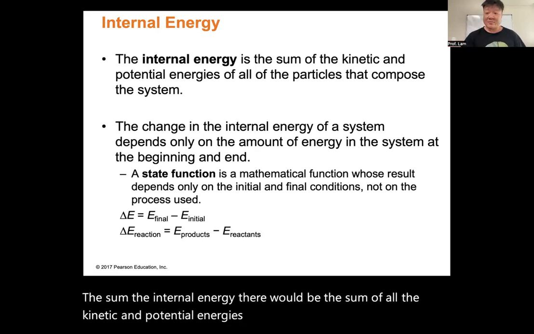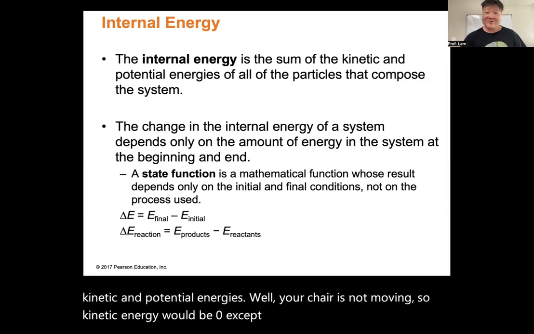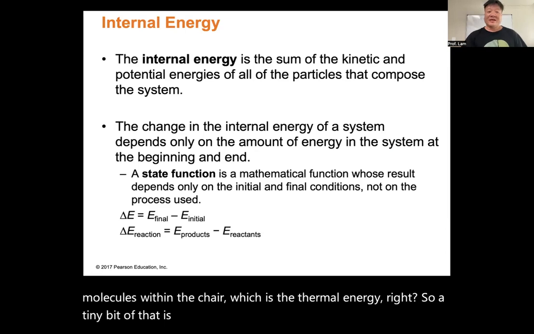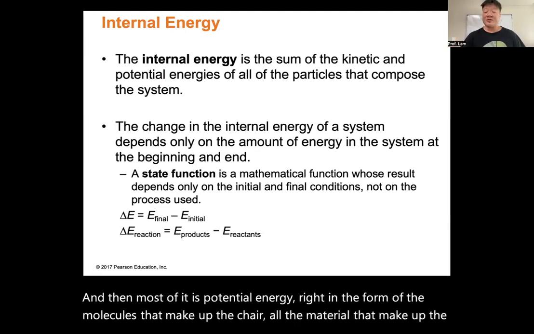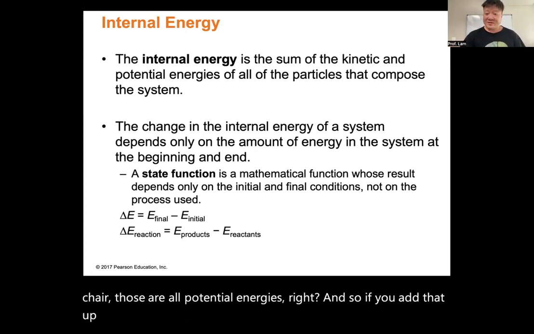Well, your chair's not moving, so kinetic energy would be zero, except for the vibration of the molecules within the chair, which is the thermal energy. So a tiny bit of that is kinetic, and most of it is potential energy, in the form of the molecules and all the material that make up the chair. If you add that up plus the thermal energy, you get internal energy.